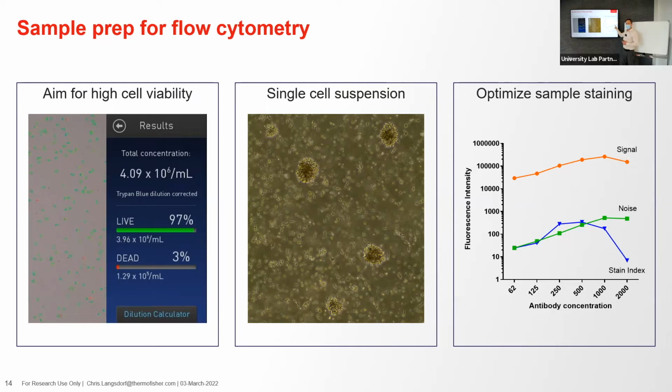And so at what point is the difference between our signal and noise maximized? Ideally here at 250 is the concentration of antibody we'd like to use, which may be a lot lower than how it's packaged in the vial. And so this is an easy first step that may save you some money. But also, it helps improve the clarity of your experiment, right?